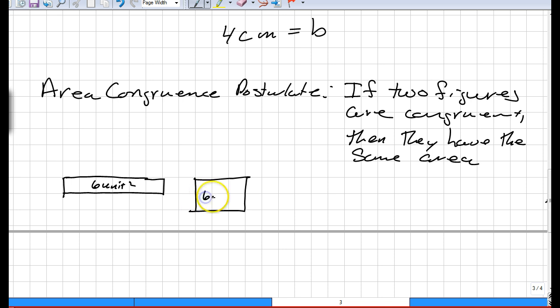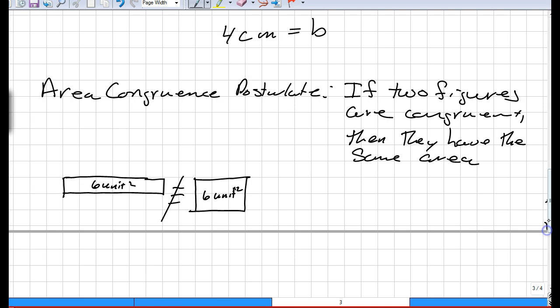It is also 6 units squared, okay? But those are not congruent. So just because figures have the same area doesn't necessarily mean they're congruent. But if they're congruent, they must have the same area, okay?